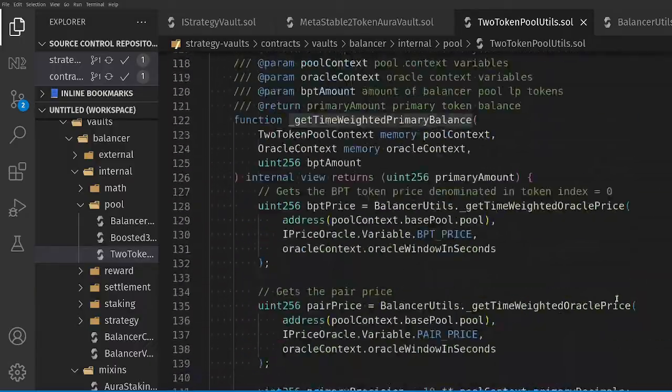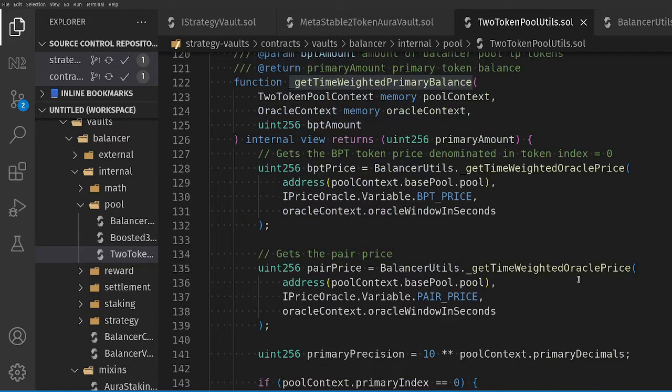So what we'll be doing is actually querying the balancer pool itself and getting its oracle prices. So this BPT price is the value of 1 BPT oracleized in the 0 token index.